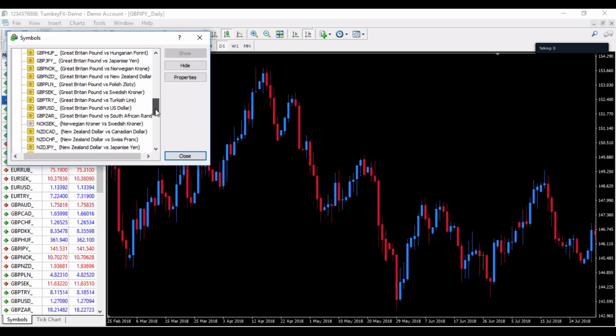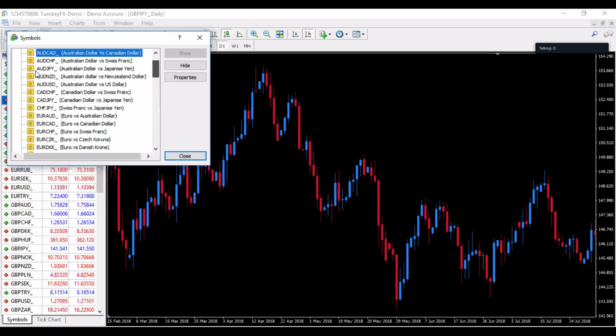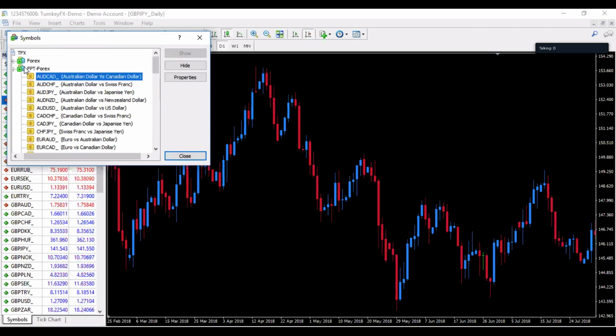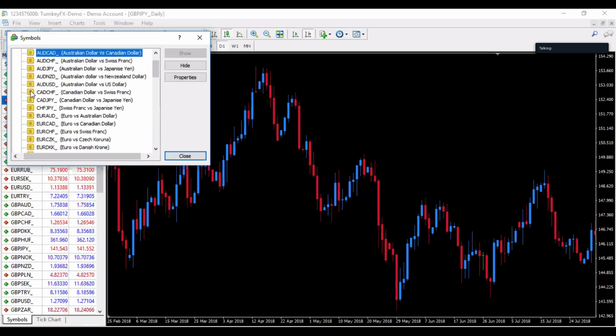And once again, guys, you only want to trade the pairs under FPT-Forex. If you get confused, just make sure anytime you look at a pair, it has an underscore at the end of the pair. And the only thing you have to do here, guys, is click on a pair until it turns gold. And it's going to automatically add it to your watch list. It's just that simple.